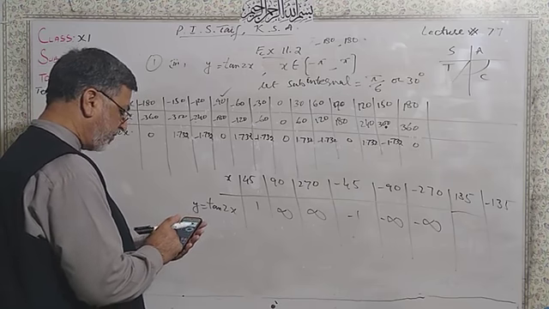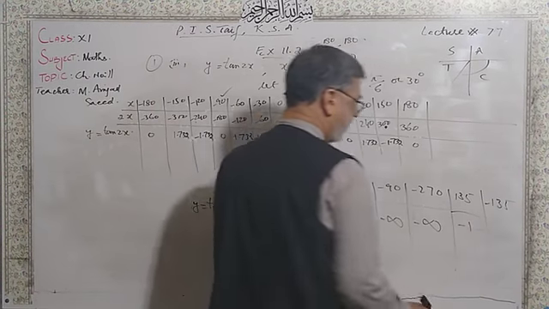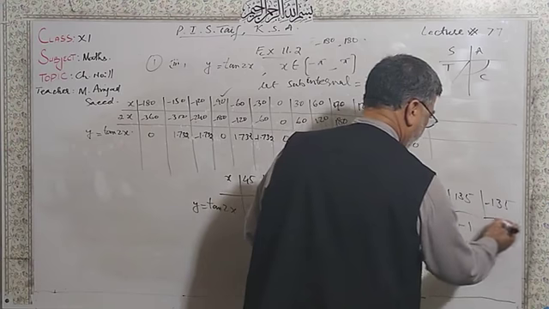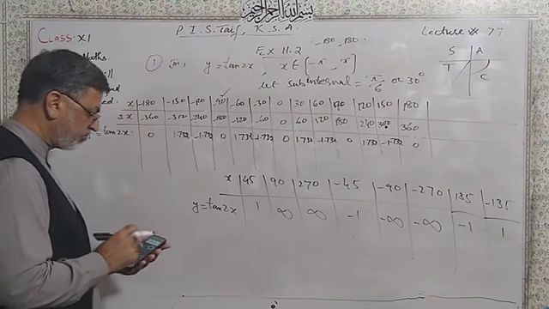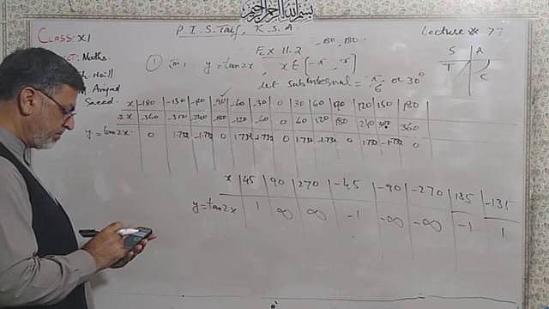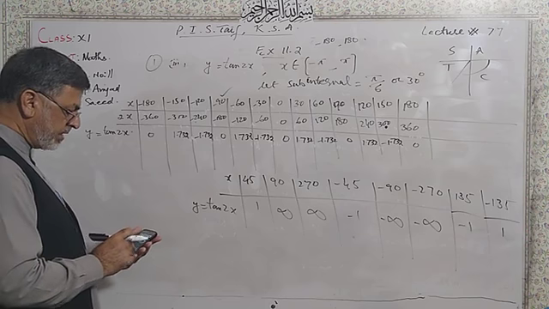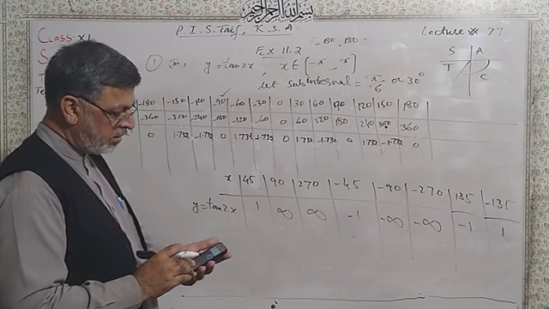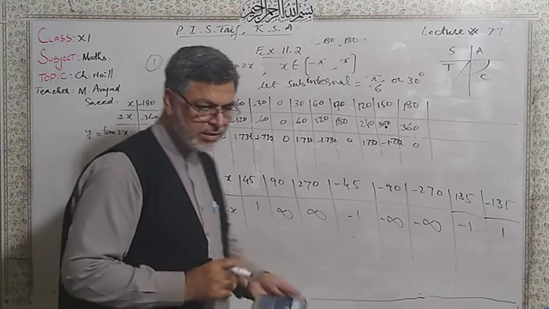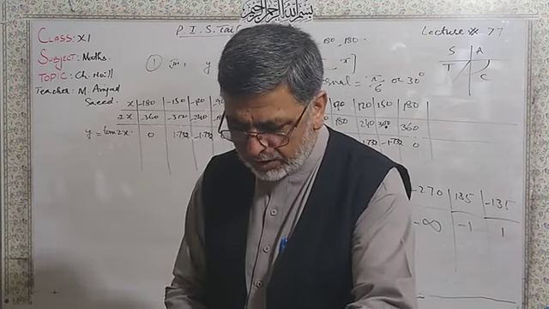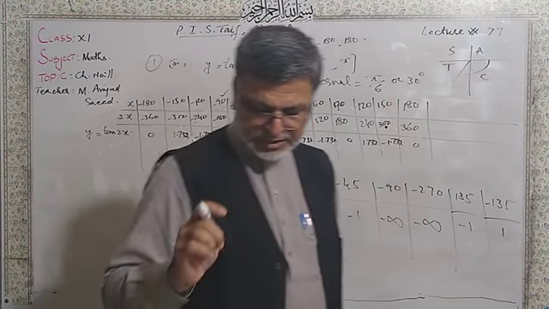Tangent 135 is minus 1. And tangent minus 135, that will be minus minus plus. Yes, here is 1. So dear students, we can have these values to draw the graph of tangent as proper function.